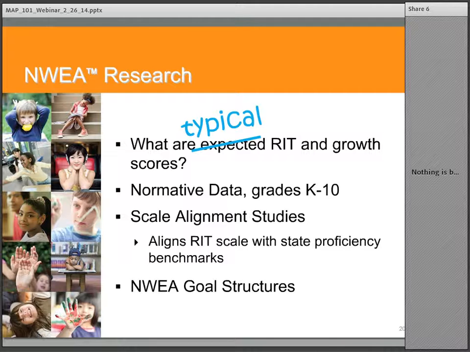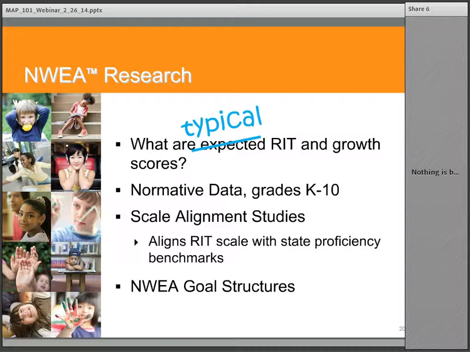We have normative data for grades K through 12, and they have scale alignment studies that align that RIT scale with state proficiency, even for Nebraska. Many of our states across the United States have their own state proficiency benchmark scale scores, which is really interesting because it offers you predictability as to whether or not the student will be proficient on the state exam.